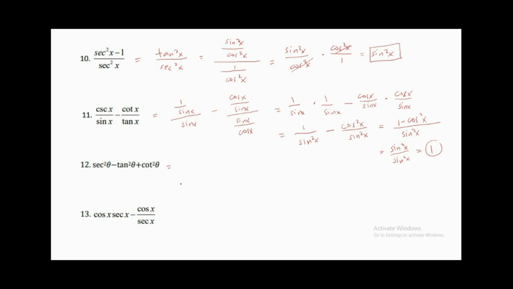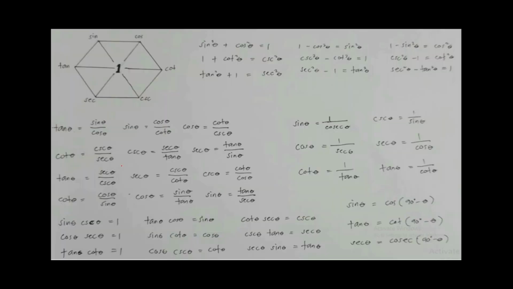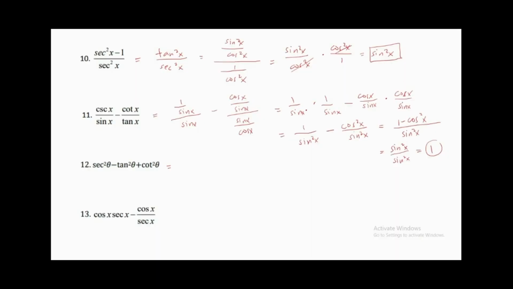Number 12. Secant squared theta minus tangent squared theta plus cotangent squared theta. Take note that this is also an identity. What is secant squared theta minus tangent squared theta? Here, secant squared theta minus tangent squared theta is 1.